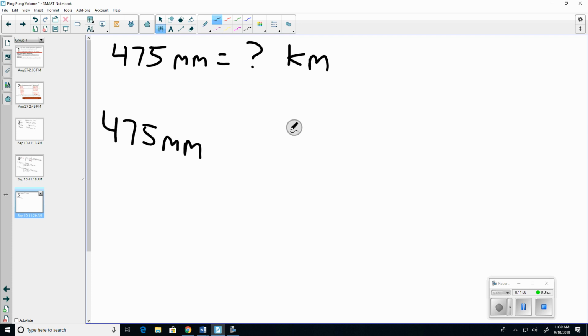So in this question, if you want to follow along, there's space at the bottom of your page, you could do that there. In this question, if I wanted to solve for the kilometers, I would first realize I need to get to the base unit of meters from millimeters.